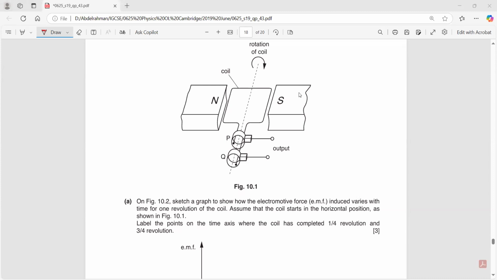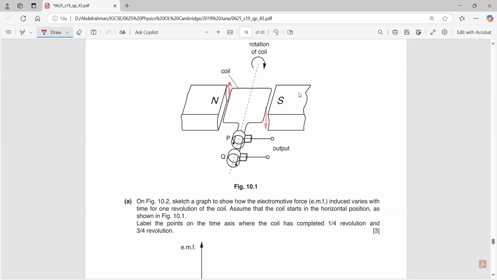At this instant, it's moving upwards from this side and downwards from this side, cutting the magnetic field perpendicularly.